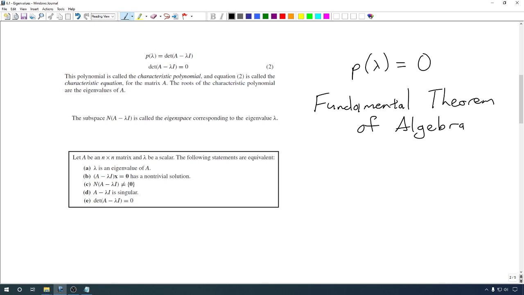A 0-degree polynomial is just a constant. That doesn't really have a solution. But any other polynomial will have a root. There are going to be, in fact, for degree n polynomials, in a certain sense, if we count what we call multiplicities, exactly n roots.